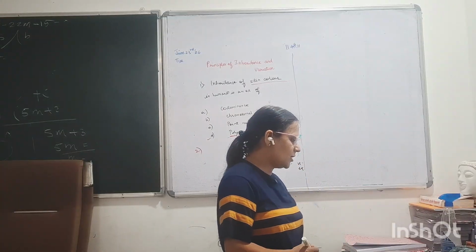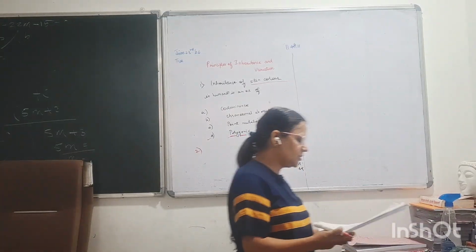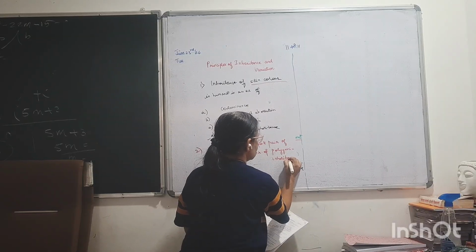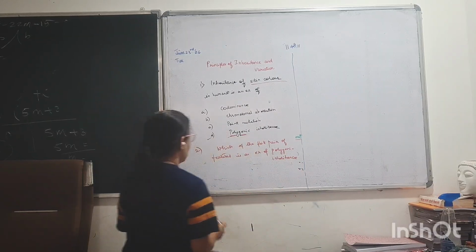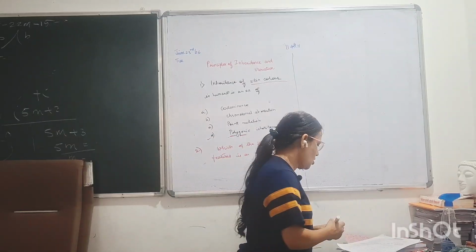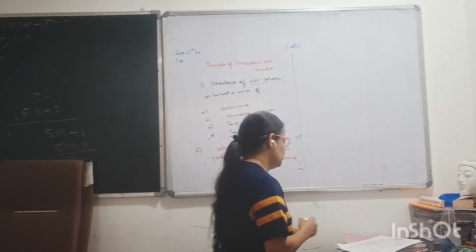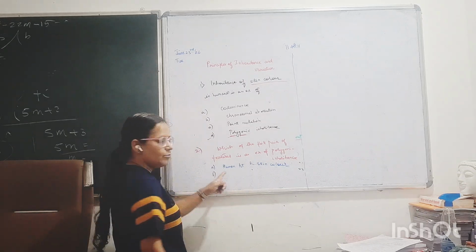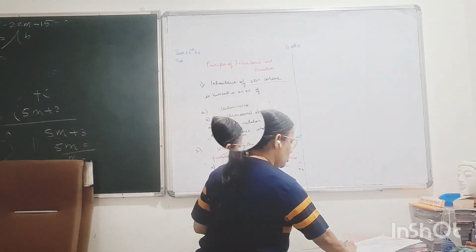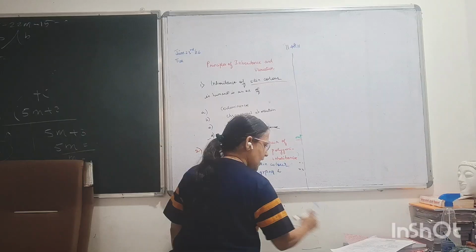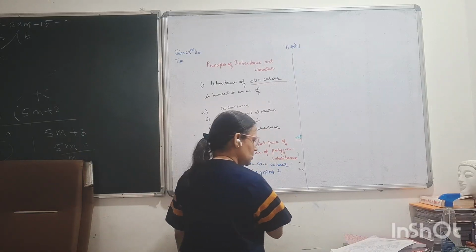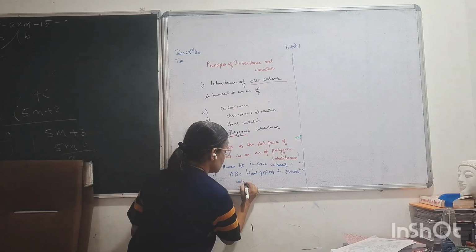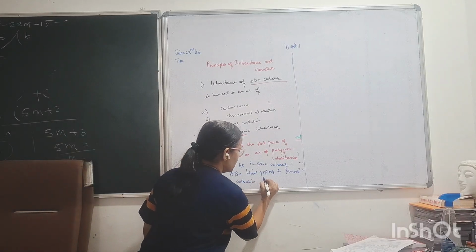Which of the following pair of features is a good example of polygenic inheritance? So they are asking you that out of the following pairs, which pair is showing the trait of polygenic inheritance? Options are first is human height and skin color. In the above example, we saw that skin color is an example of polygenic inheritance. Second option, blood grouping, and along with it they have given flower color in Mirabilis jalapa.